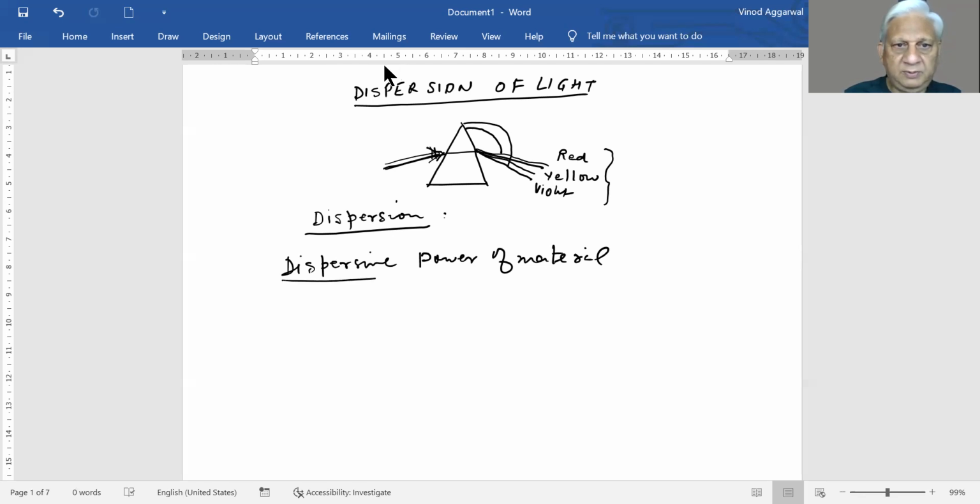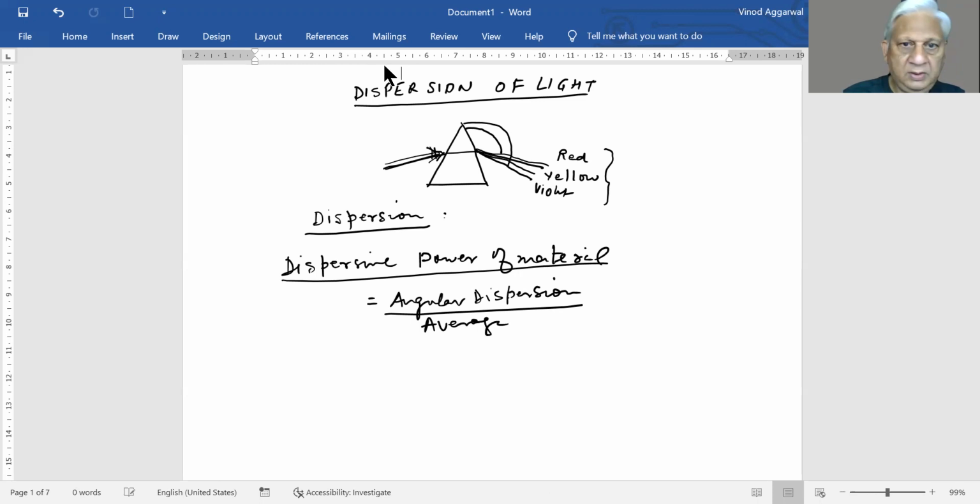So what is dispersive power of the material? This is angular dispersion divided by average dispersion.